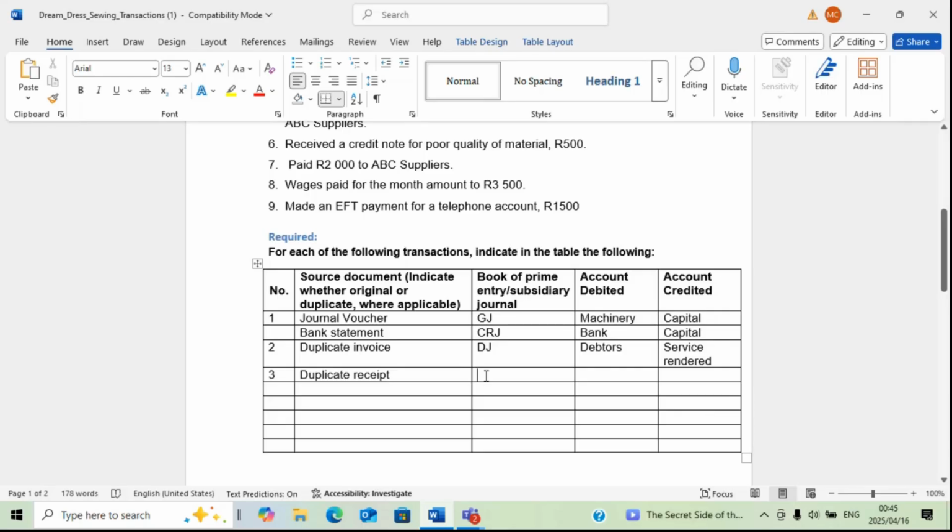The book of prime entry or subsidiary journal is going to be the cash receipt journal, which is CRJ. All right, and then the two accounts affected: because you received the money, bank, because bank is an asset, and whenever an asset increases, you debit, and then you are going to credit service rendered.